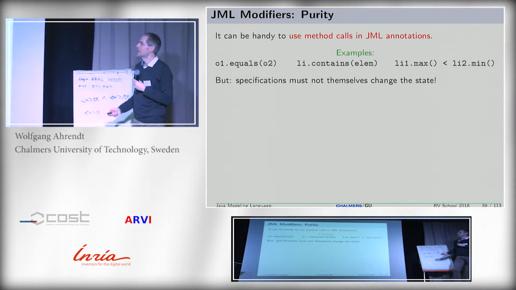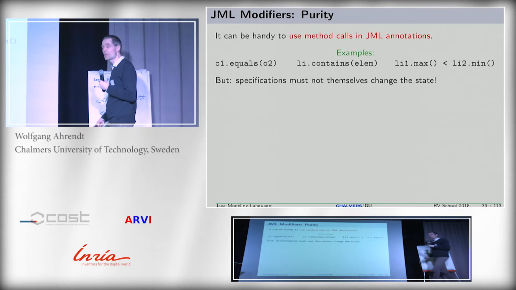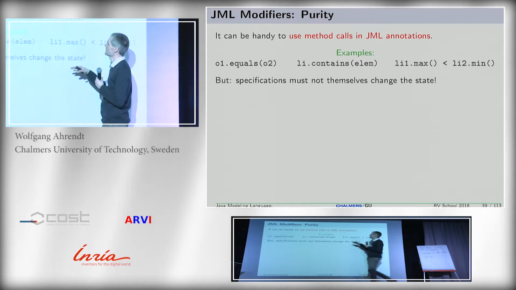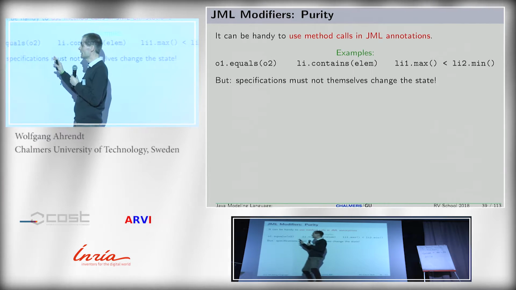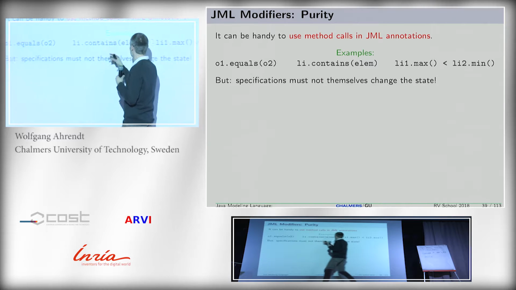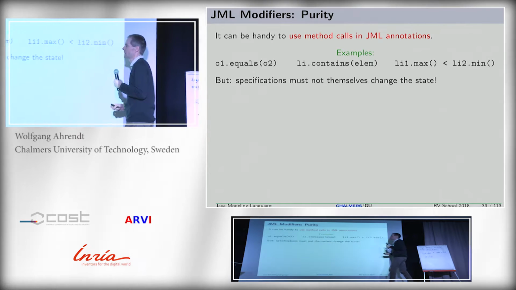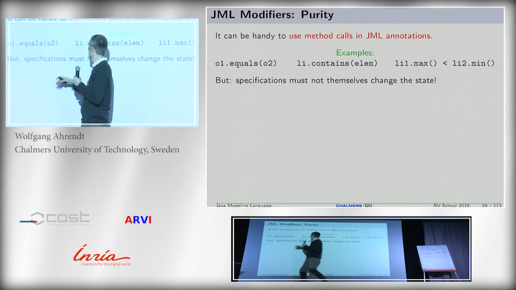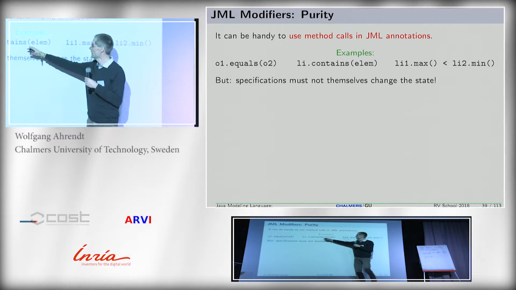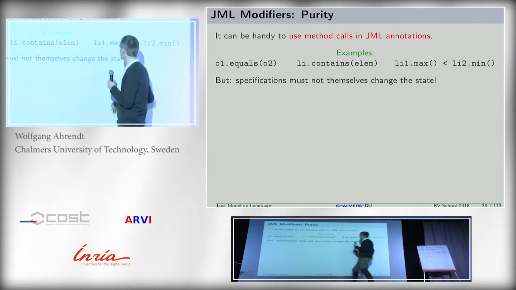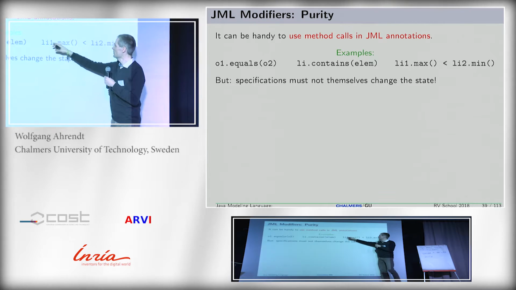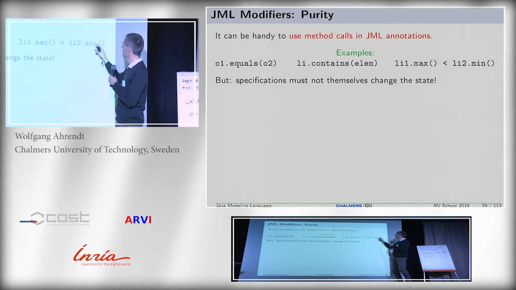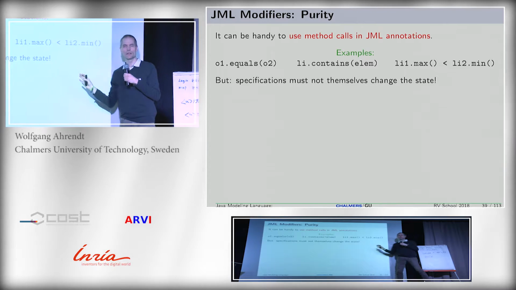Good. Purity is another thing. It can be very handy to use, in a limited way, certain methods in the specification. For instance, to be able to say in the specification that two things equal each other, or that one element is contained in a list, or that the maximum element of this is smaller than the minimum element of that, or whatever.